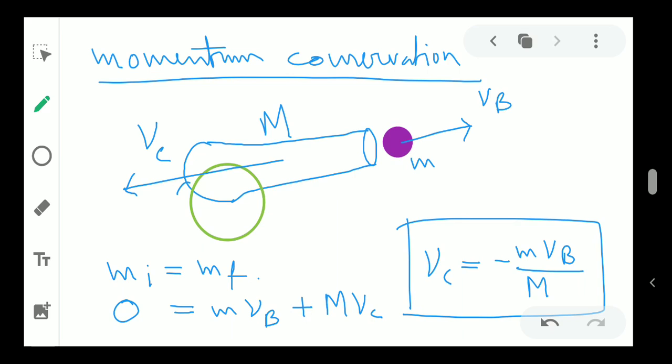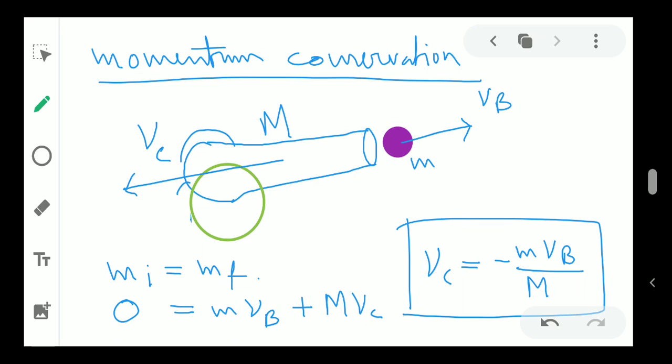So if you are firing a cannonball, do you want your cannon to go in the opposite direction with high speed and injure those who are firing? Obviously not. So what people used to do in earlier cases is that they used to either jam the wheels, or they used a heavy cannon.